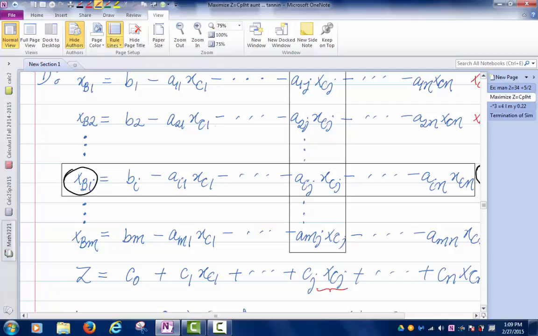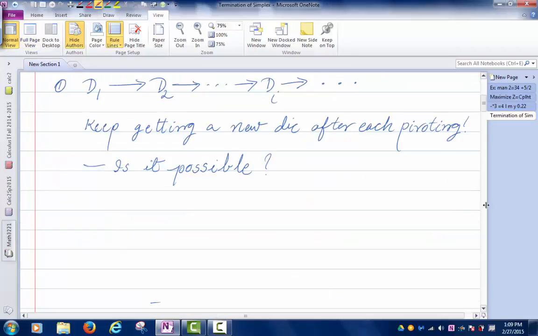For each basis, I have a dictionary. So the question is, how many choices are there for a dictionary?